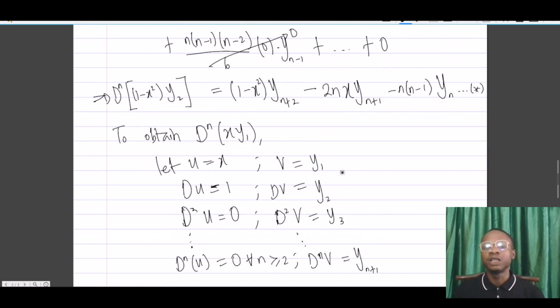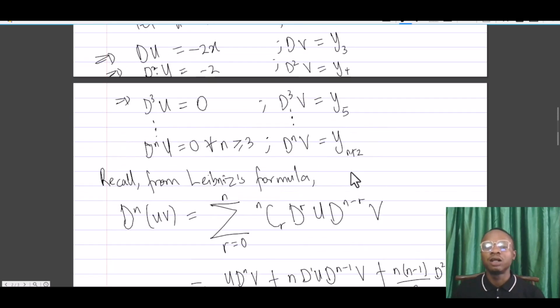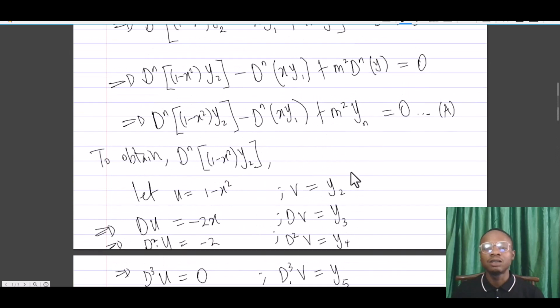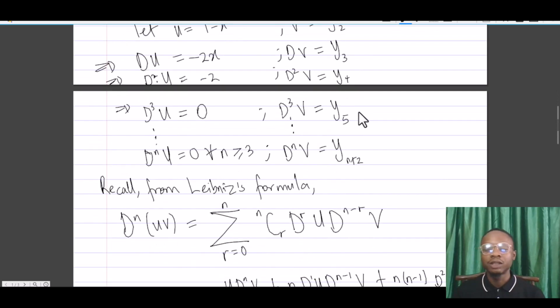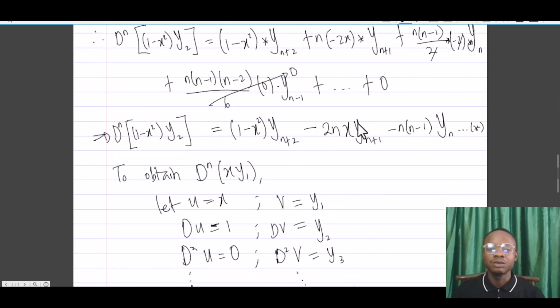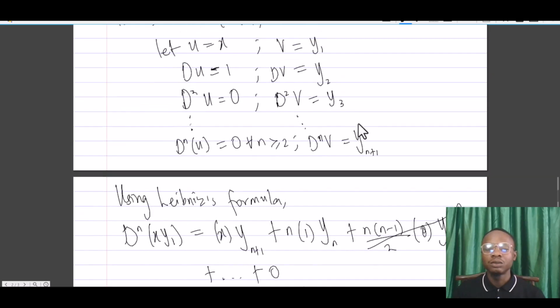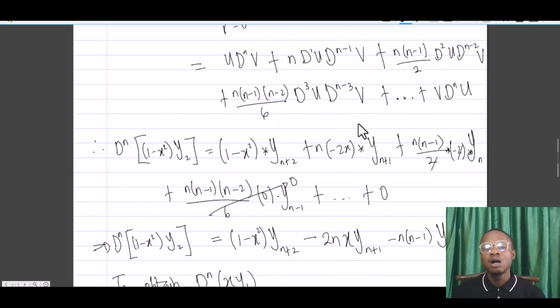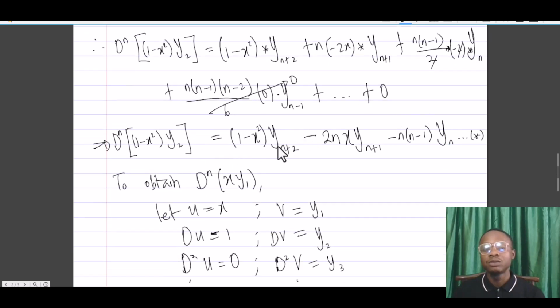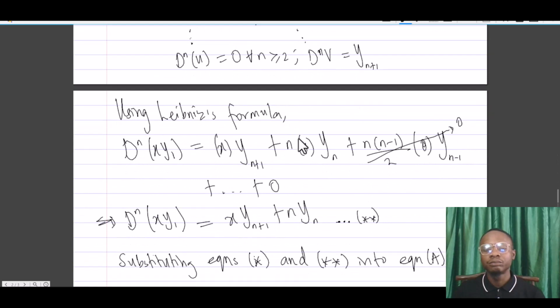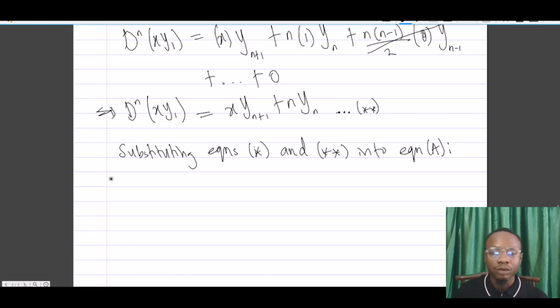So let's go back to equation A. We know that the expression we got in star comes first, then followed by the negative of the expression we got in star star, then followed by plus m squared y_n. We equate everything to zero. So the expression we got here was, what is that expression again? This is it right here. So we're just going to copy this out first.